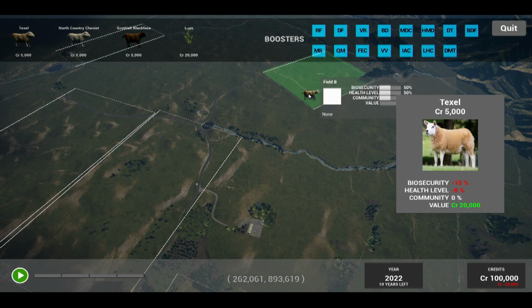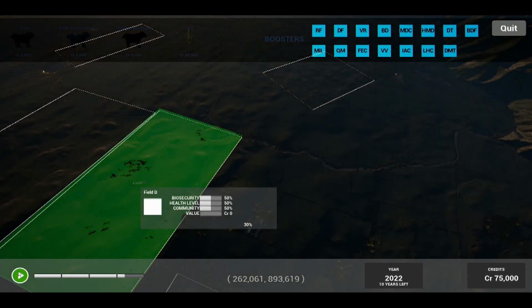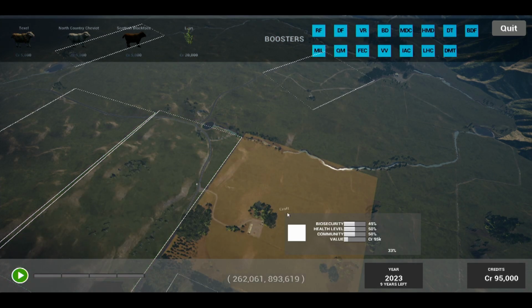This is one of the isolation fields, and you put in all your parameters, you press play, and at the end of the year you look and see what effect you've had on your biosecurity, on your health level, your community, and your value. As I said, we've adjusted how much things cost, and people tend to run out of money, which they get quite upset about, which is getting a bit more realistic.